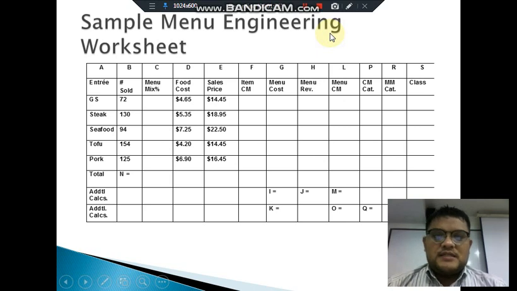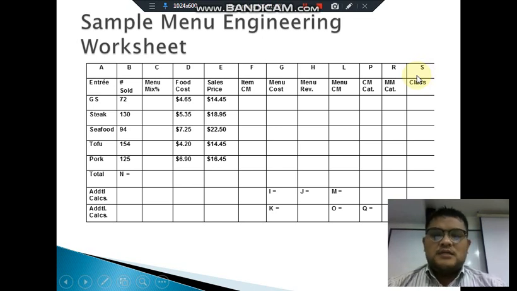So this is the sample of the menu engineering worksheet. In this worksheet we need to fill in the columns, and at the end of the day we want to classify the menu items, whether the items are popular or not popular, and so on.